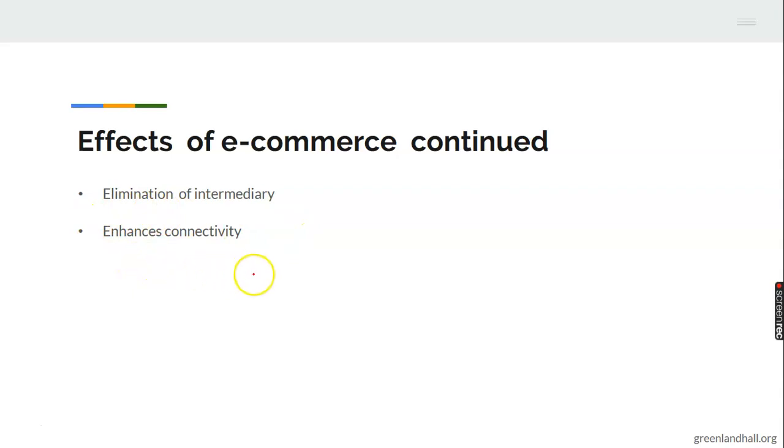Then e-commerce has also improved connectivity between people and organizations. So it is now easier for us to easily get across to individuals who are our customers and to organizations maybe that we want to enjoy its service or that we want to buy its products.